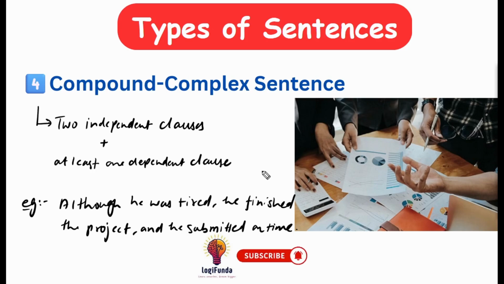So I hope you understood all the types of sentences here. I have explained how you identify the types of sentences, and I've also given you examples so that you can easily understand the different types of sentences that are here.